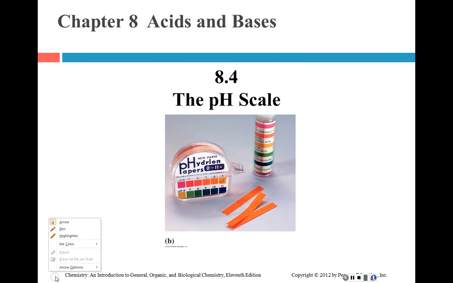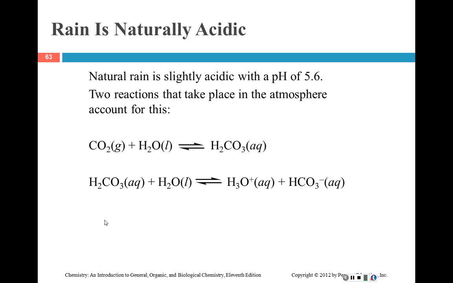8.4 is where we're going to actually talk about pH, and the pH scale is how we are going to measure how acidic or how basic a solution is. Rain is naturally acidic, and if 7 is neutral, then the pH of rain is about 5.6, so it's a little bit acidic.